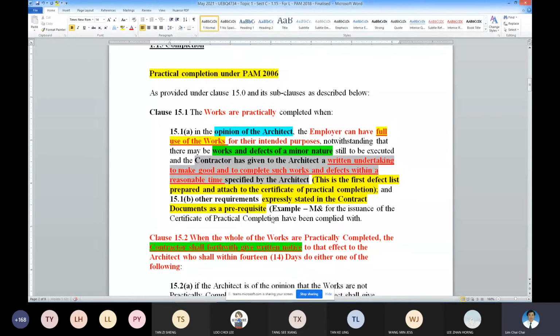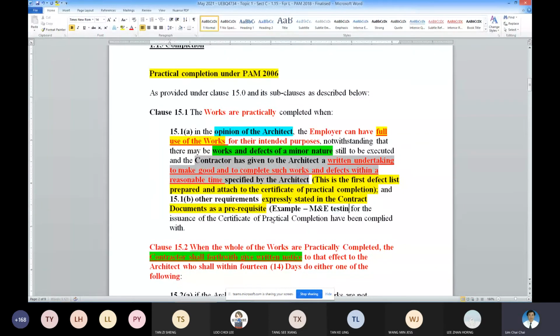M&E testing and commissioning, testing and commissioning with authority approval. So this is one of them, and there are many more.